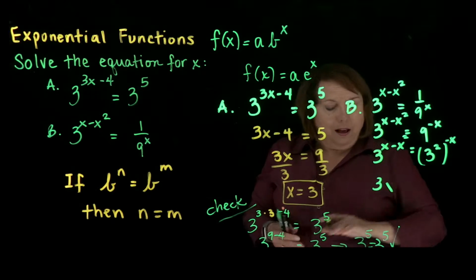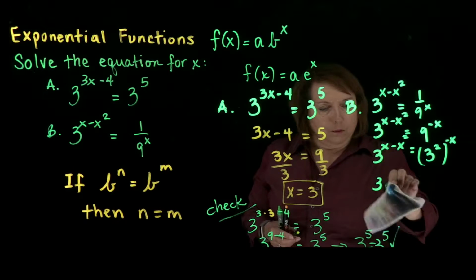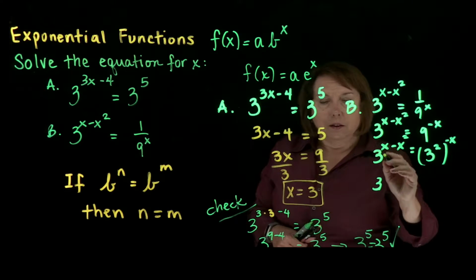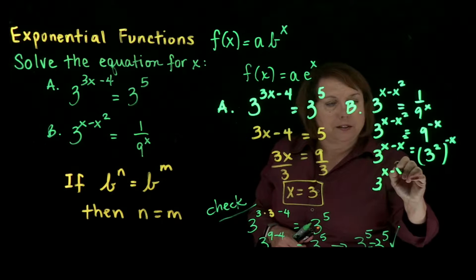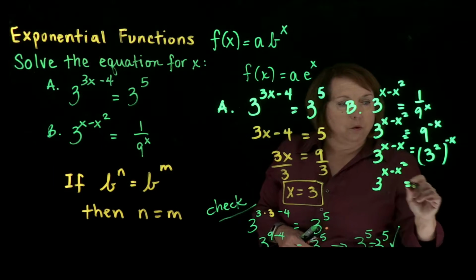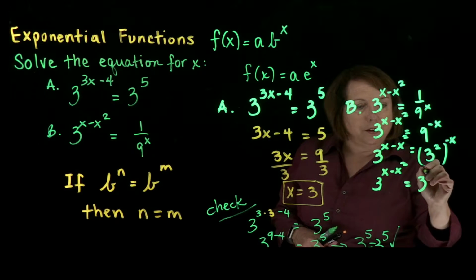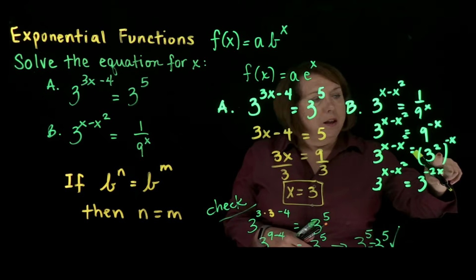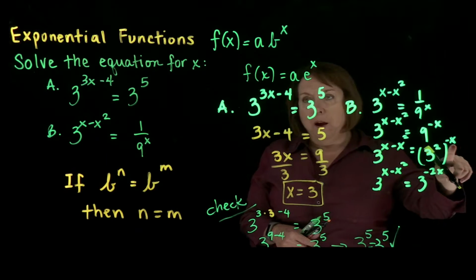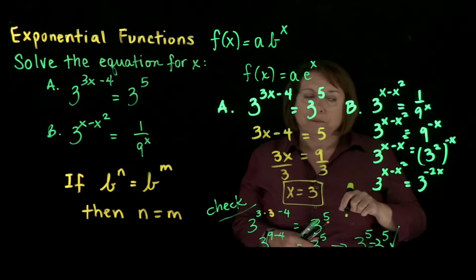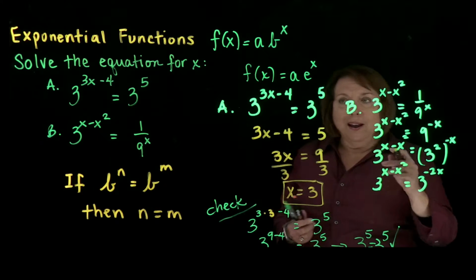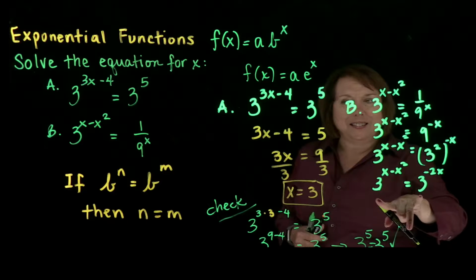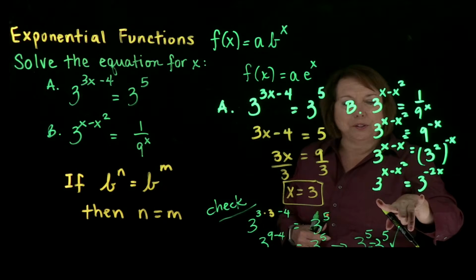And then I will have 3 to the x minus x squared is equal to 3 to the negative 2x, because using the power rule for exponents, when I have an exponent and a power, I just multiply them together. So now I have the same base on both sides of the equal sign.